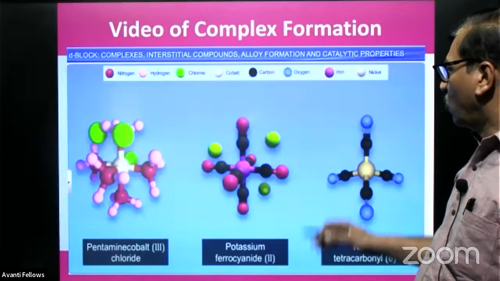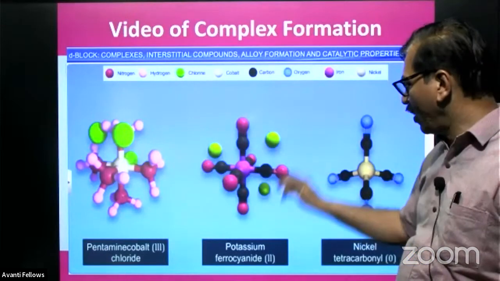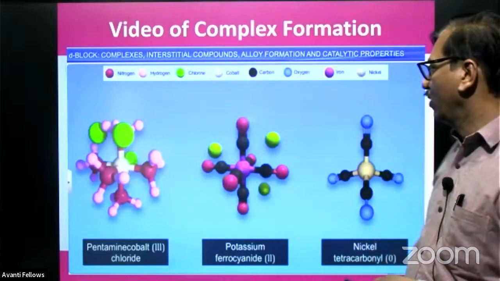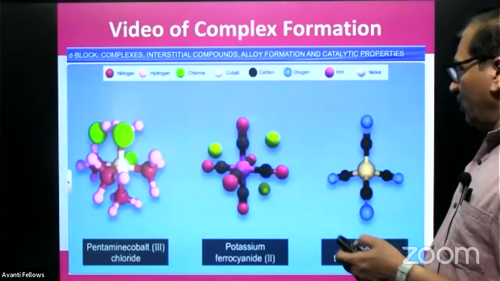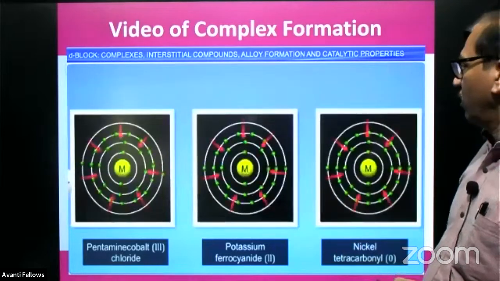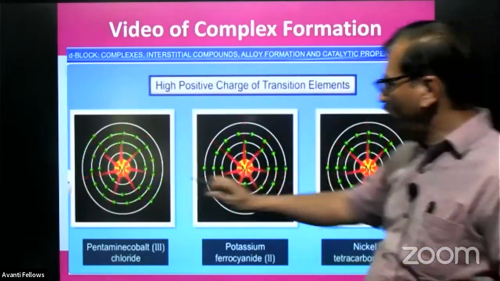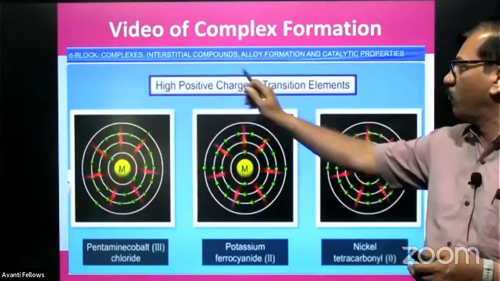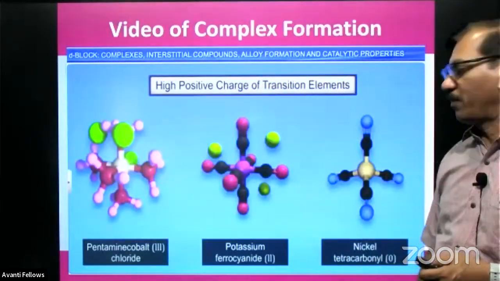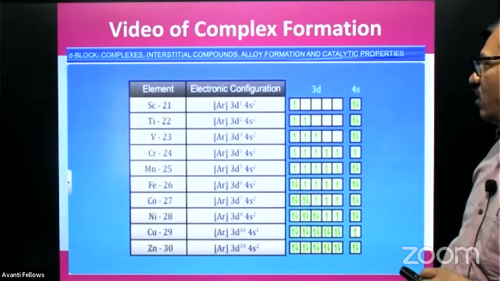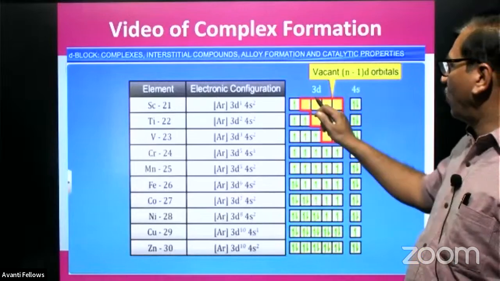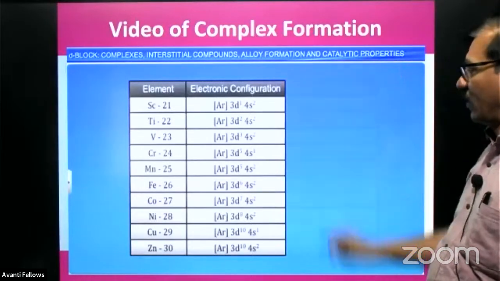Okay, so these are called complexes, and they also have counter ions which are linked by ionic bonds, right? This complex formation is because of the high positive charge of the transition elements, the high number of protons in the metal. Okay, so this is how they are able to form, and also because of the vacant d orbitals.